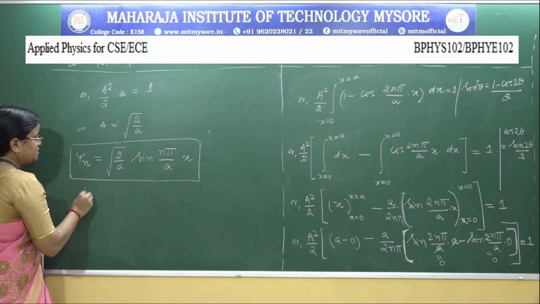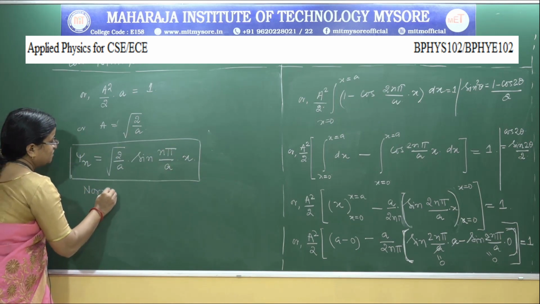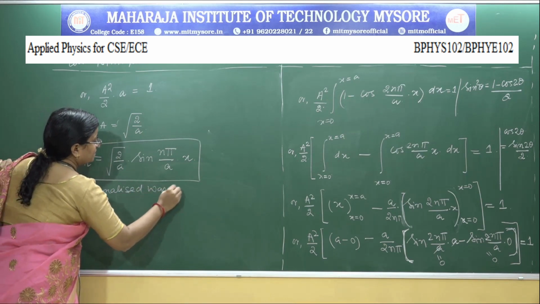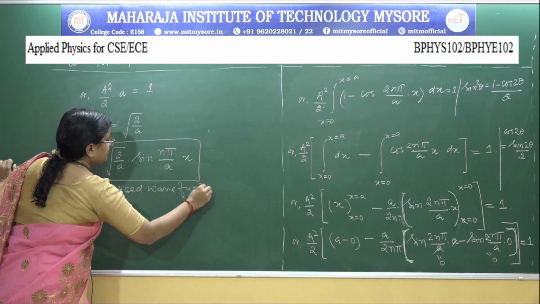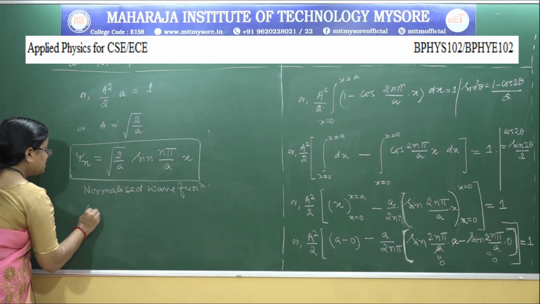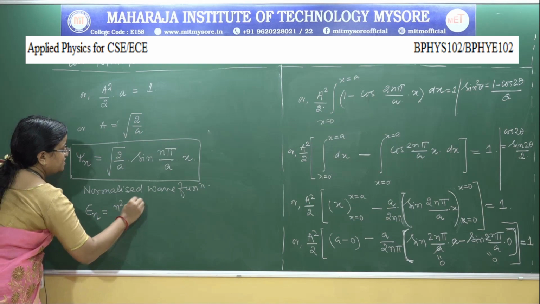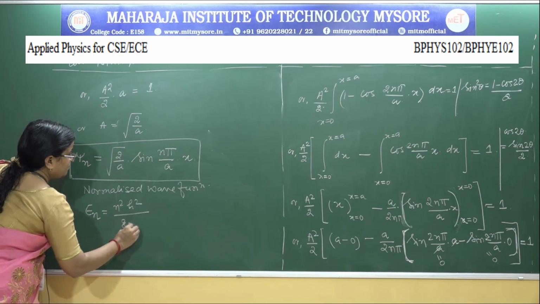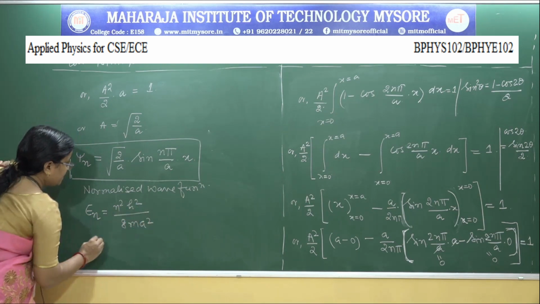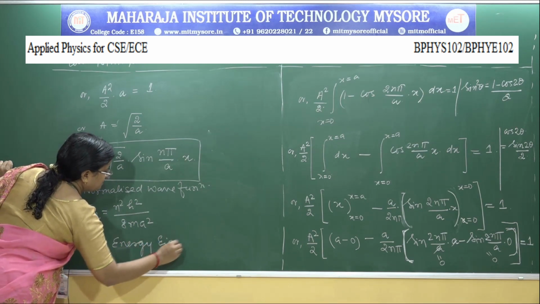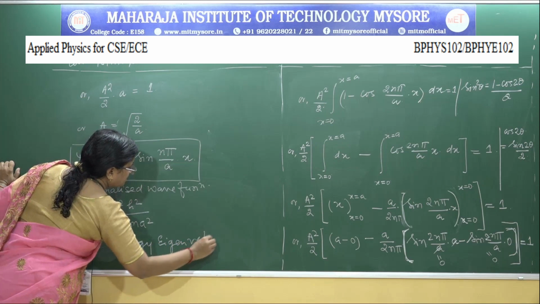So, this equation we call it the normalized wave function, and already we have established the value of En, that is equal to n square h square by 8 m a square. Energy eigenfunction.